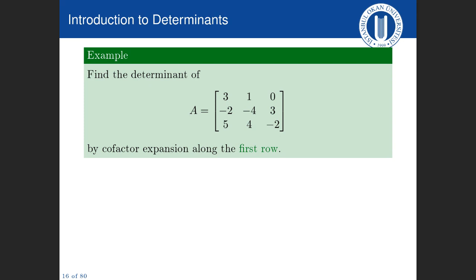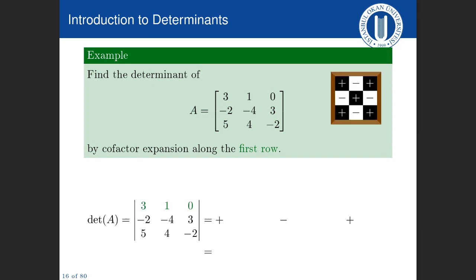For example, find the determinant of the 3 by 3 matrix given here, and we're told that we should use cofactor expansion along the first row. Okay, so let's bring up the checkerboard for a 3 by 3 matrix. The top left is always plus.